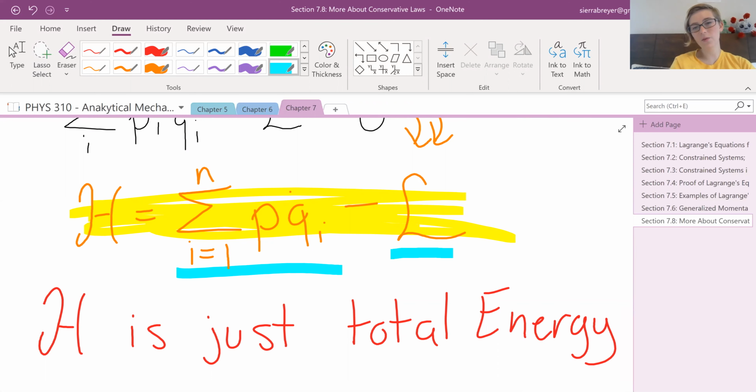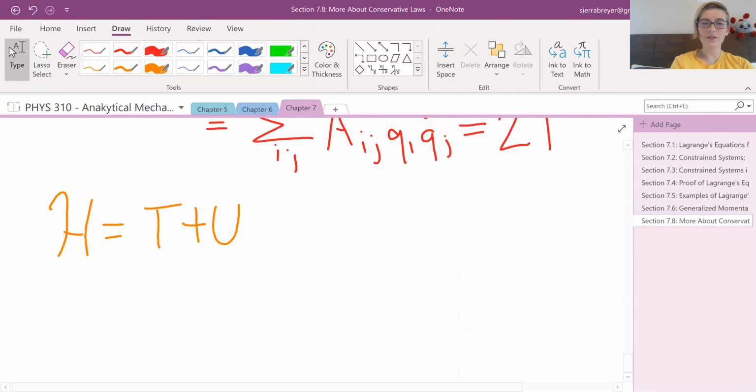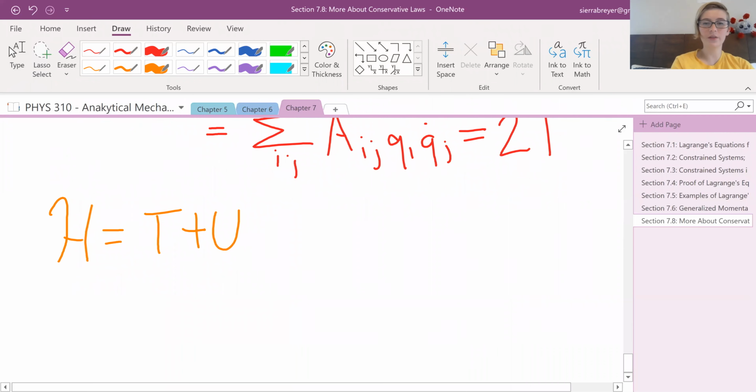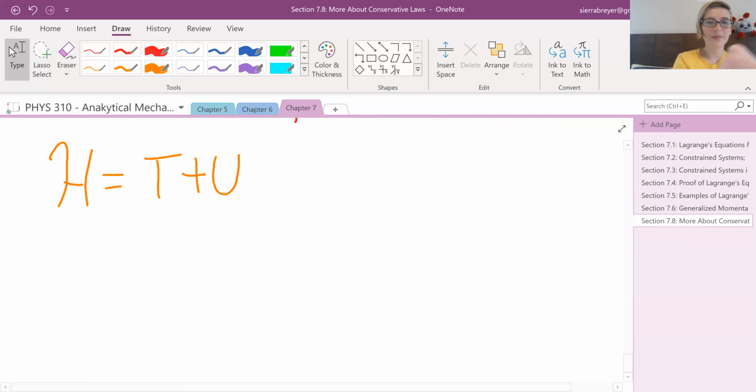And this thing we kind of already know. So way back down here, there's our 2t that we solved for. Okay. So this is what I'm going to prove.